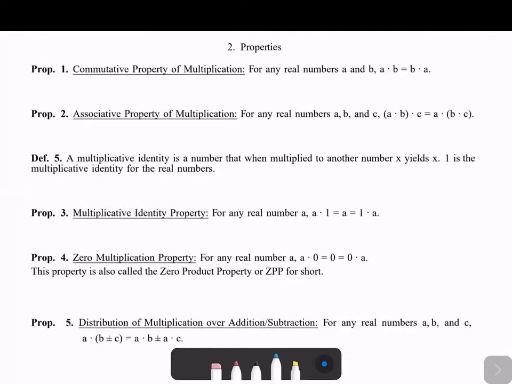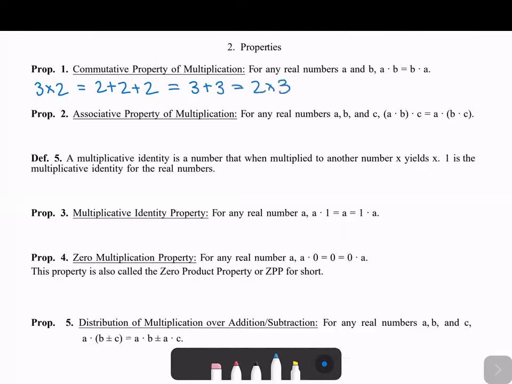Okay, so the first one is the commutative property of multiplication. This is just saying that if we multiply 3 times 2, we add 3 copies of 2. That's the same thing as adding 2 copies of 3, which is 2 times 3, right?